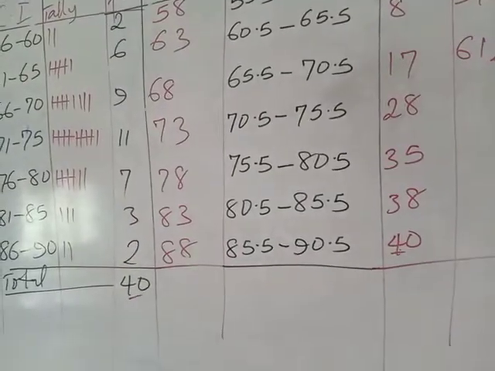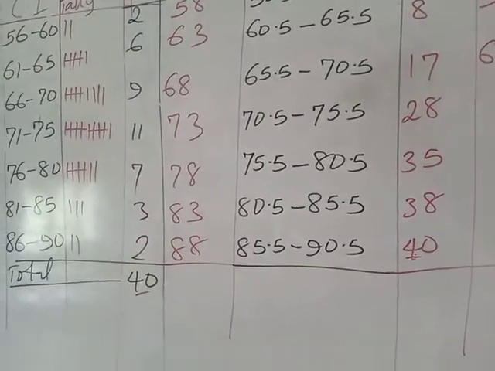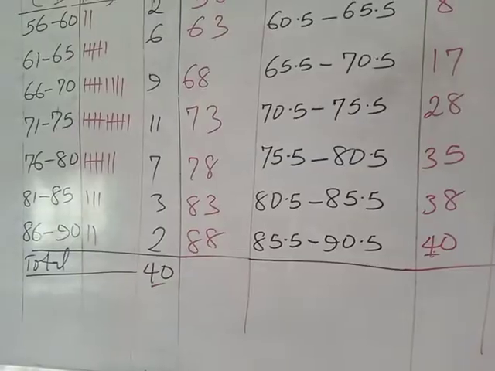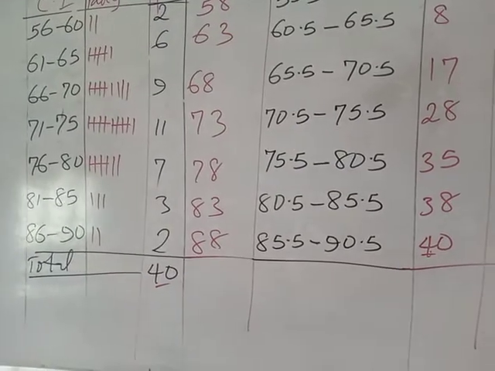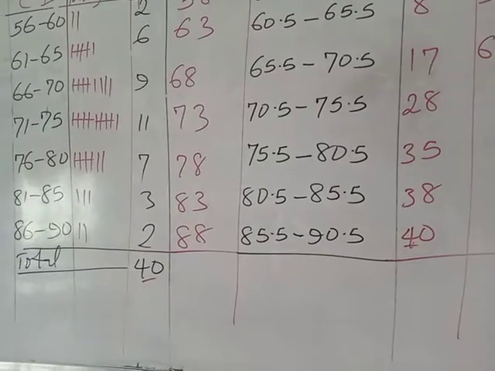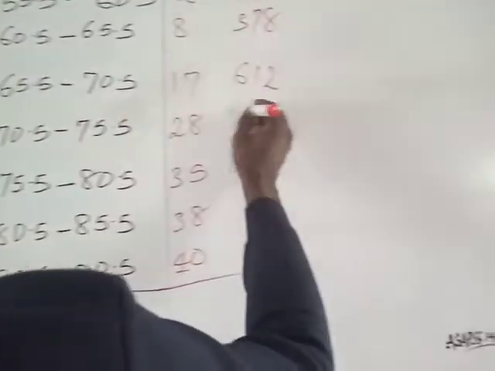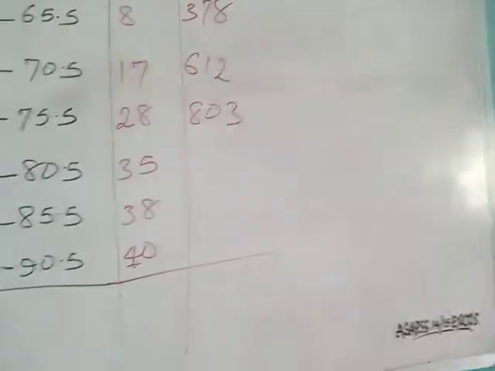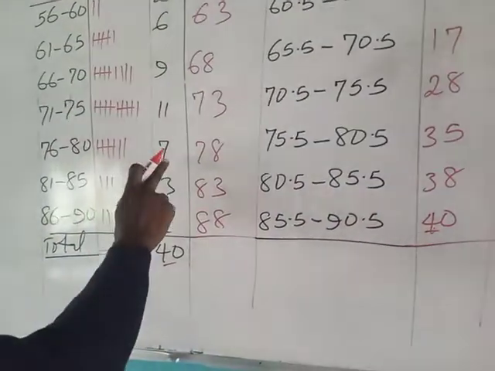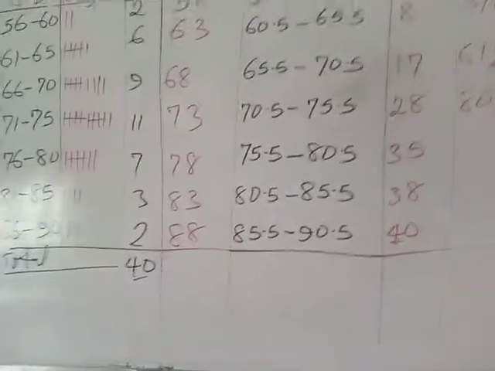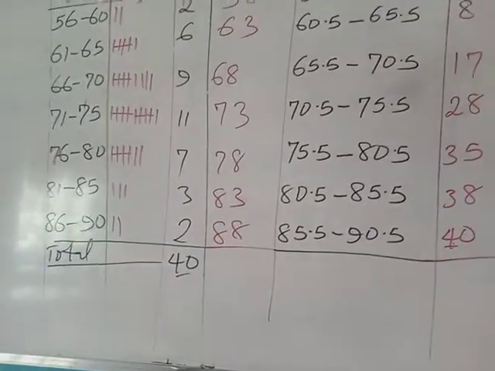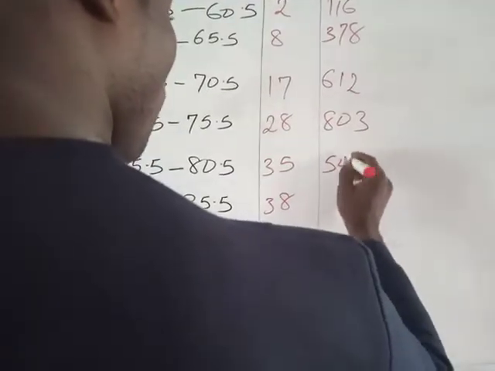So we are multiplying 11 by 73, we are going to have 803. After that, we are multiplying 7 by 78, so that is 546.